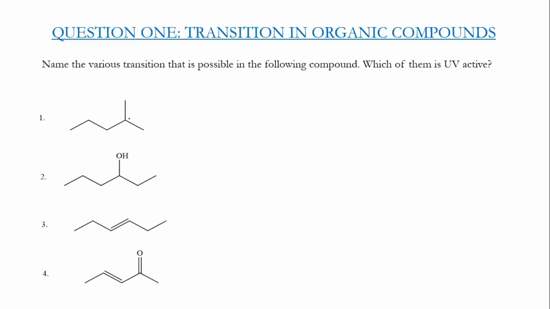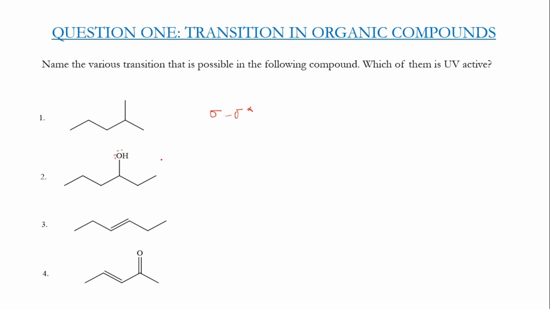In this first compound, all we have is the sigma bond, so there's no other one. Therefore, the only type of transition we can have here is sigma to sigma antibonding. All right, now let's look at this next one. Here we have lone pairs of electron on this oxygen, two lone pairs of electron.